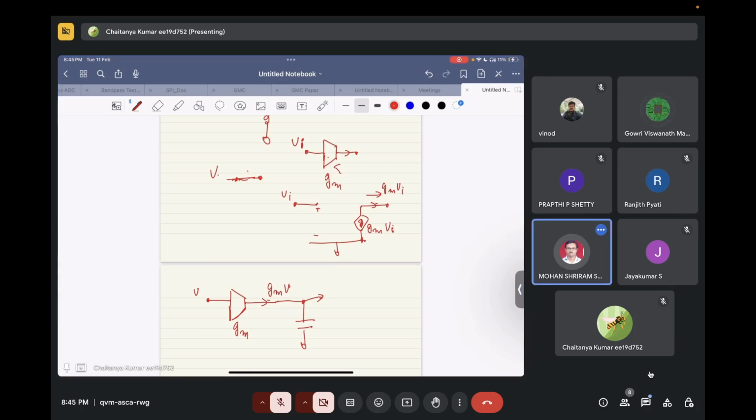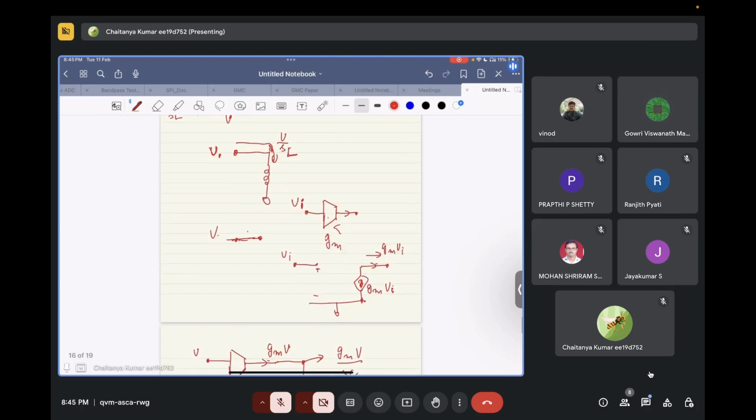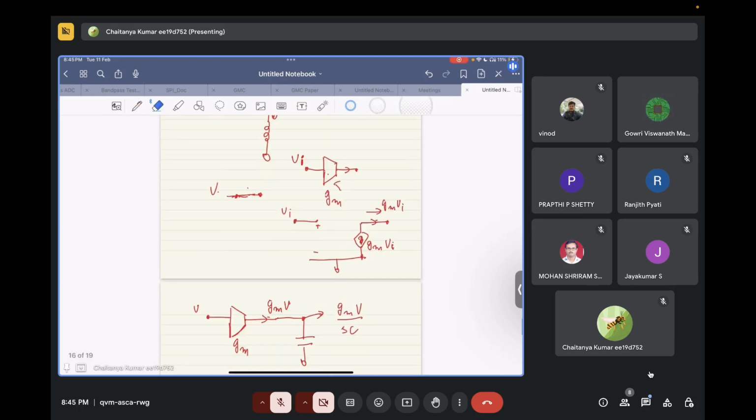In the Laplace domain, it will be Gm V by SC. Now this is proportional to the inverse of the frequency. Now somehow we need to convert it back to current, right? Is this clear?